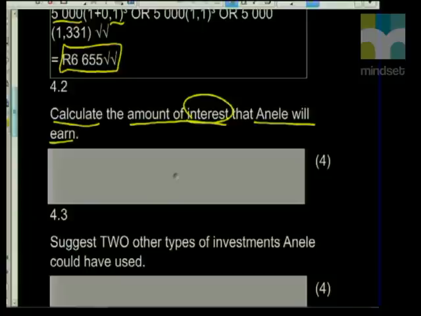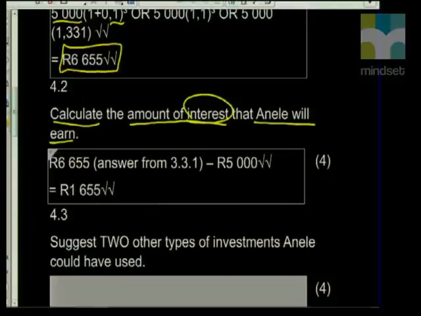So let's have a look and I'll explain it. What you need to do is take the 6,655, which we calculated in the previous question, and subtract the principal amount, or the initial amount. When you subtract the two, you'll see that your answer is 1,655.